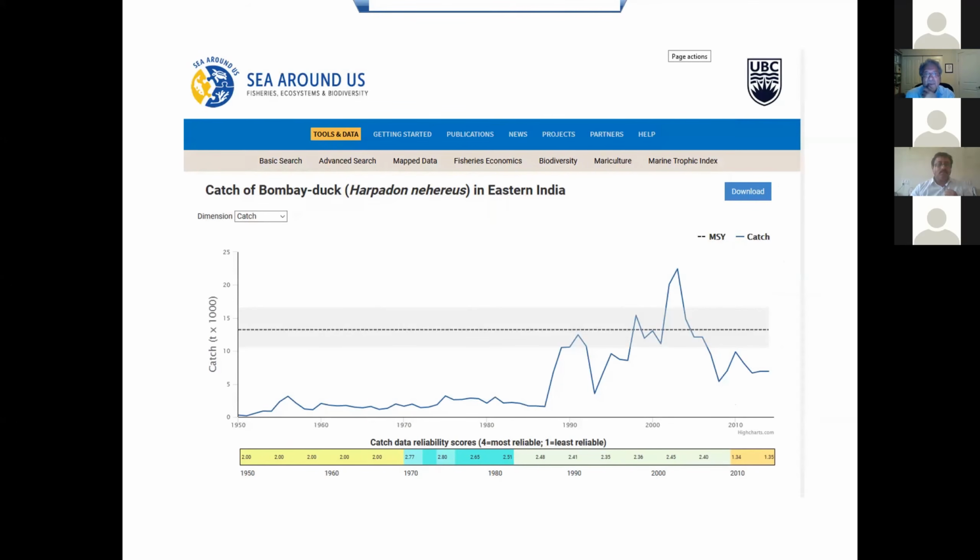Well, here's a time series from India, from the west coast, and you can see there was a low catch in the first 30 years for which we have data, and then in the mid 80s the catch began to increase, and that is run through this model.